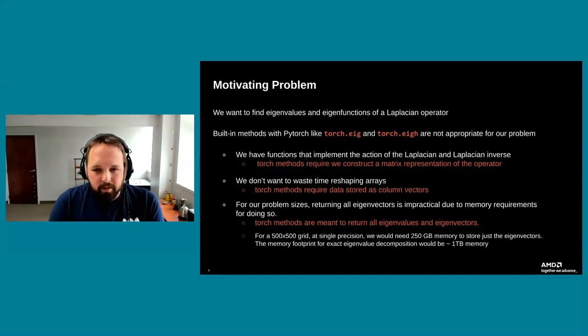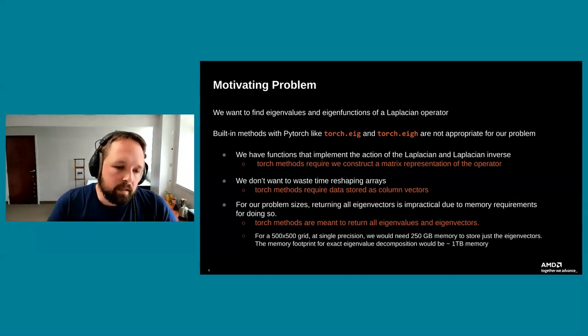So for a grid with 500 by 500 points in it, if I just use single precision, we would need about 250 gigs of memory just to store the eigenvectors. This comes from the fact that if I have 500 squared points, there's 500 squared eigenvalues and 500 squared eigenvectors. You can tally all that up, multiply by 4, and get the amount of space needed for storing that.